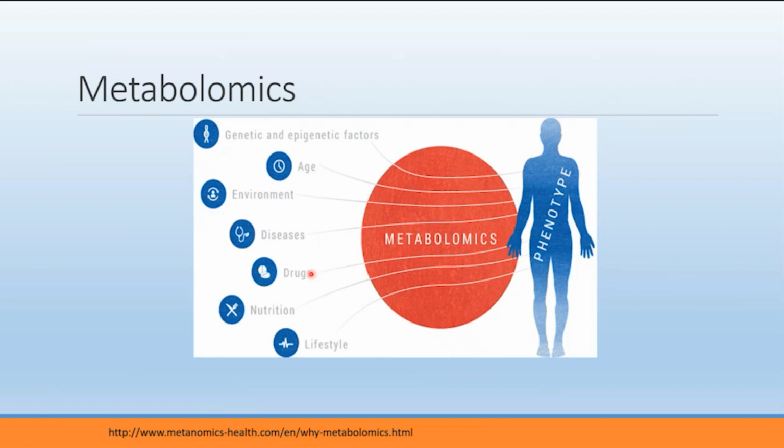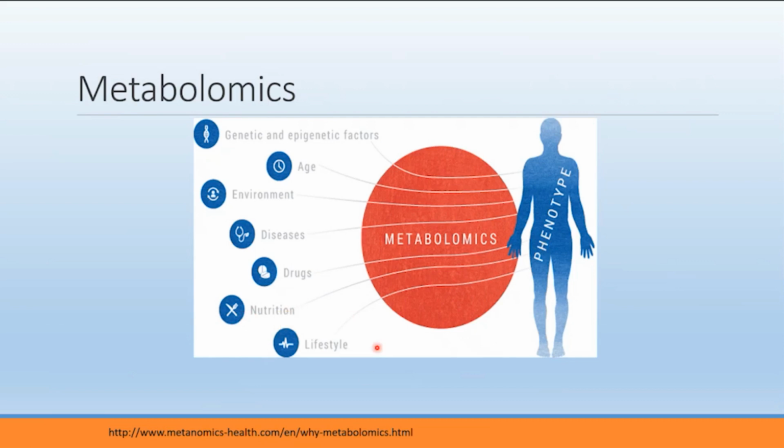If you take an over-the-counter medication or a prescribed medication, those will show up in your metabolome. They may not be important in terms of what's biologically relevant, but they'll show up and they're part of your phenotype. And likewise, your nutrition, whether it's short-term or long-term changes in nutrition, will have a biological effect that we can measure.